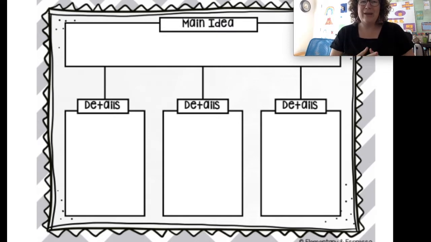When we want to use a graphic organizer to help us figure out our thoughts, I really recommend using a tree map. What I have on the screen is just an idea where you would have a main idea and 3 details. Lots of times text can have way more than 3 details, so we just need to focus on the important ones as readers, or ones that come up the most or that we might have a lot of support for.